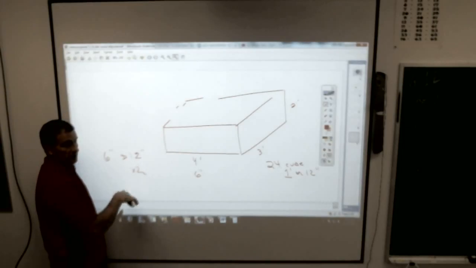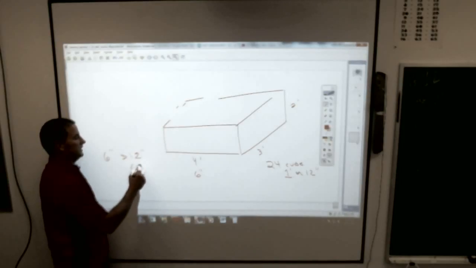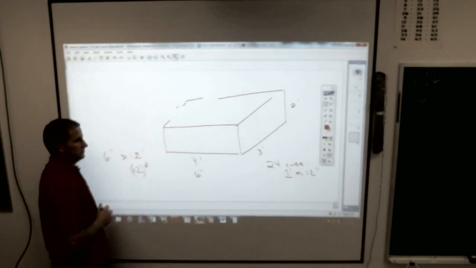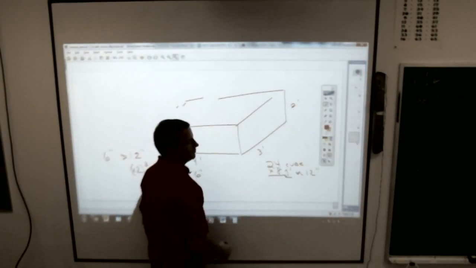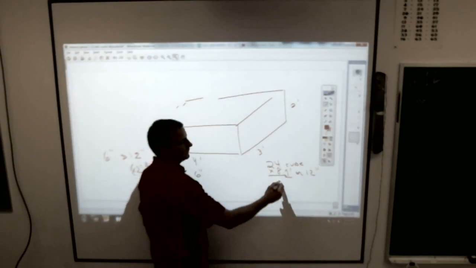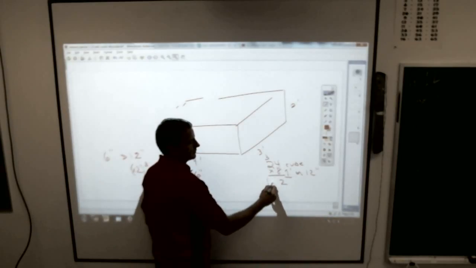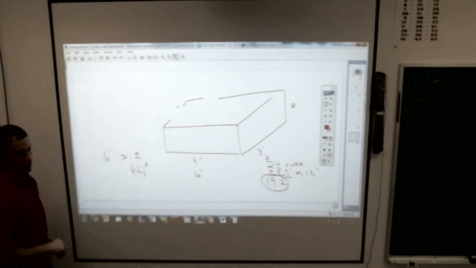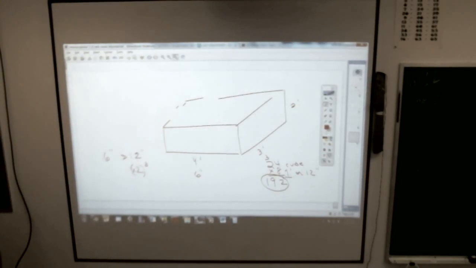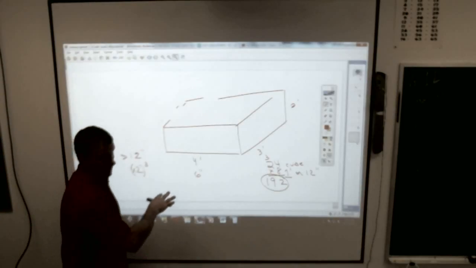Cubes, when you put cubes in something, so you're going to take that and cube it. What is 2 cubed? So you're going to get 8 times more cubes in there, which is going to give you 192 cubes in there.